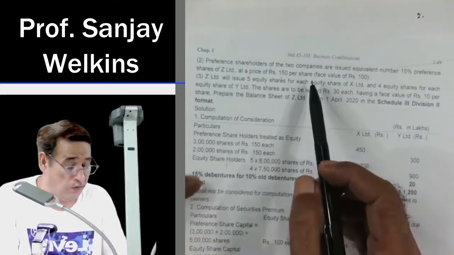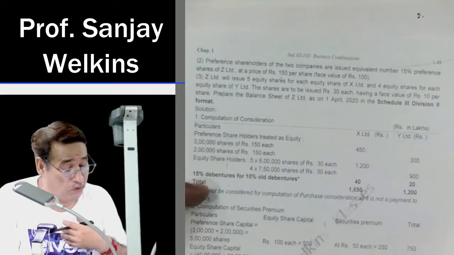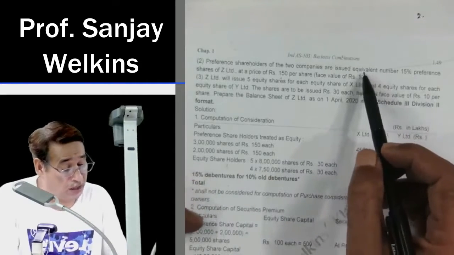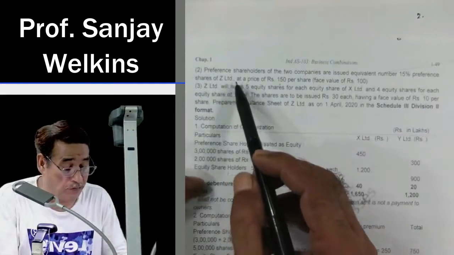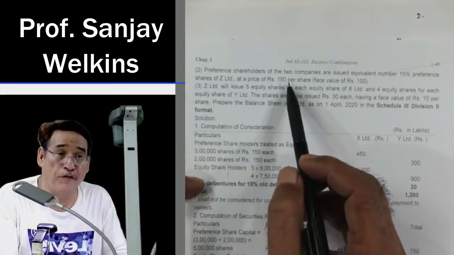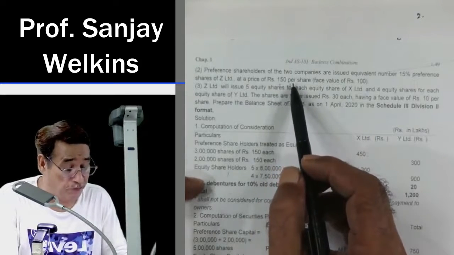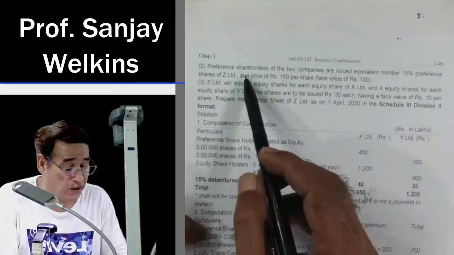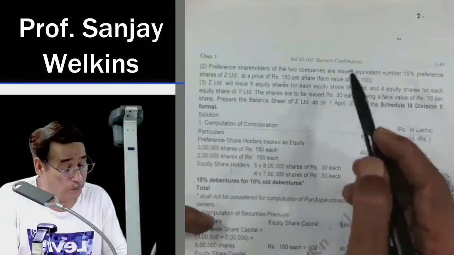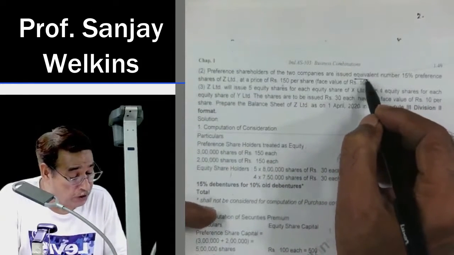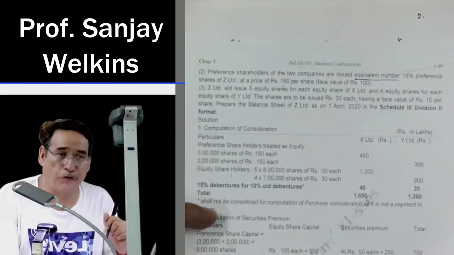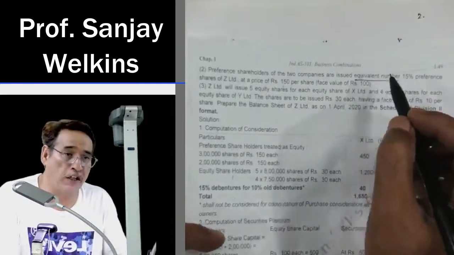Correct? We are giving them 15% preference shares of Jet Limited at a price of 150 per share. And very important here it is written, preference shareholders of the two companies are issued equivalent number of 15%. So this is quite a vital line.